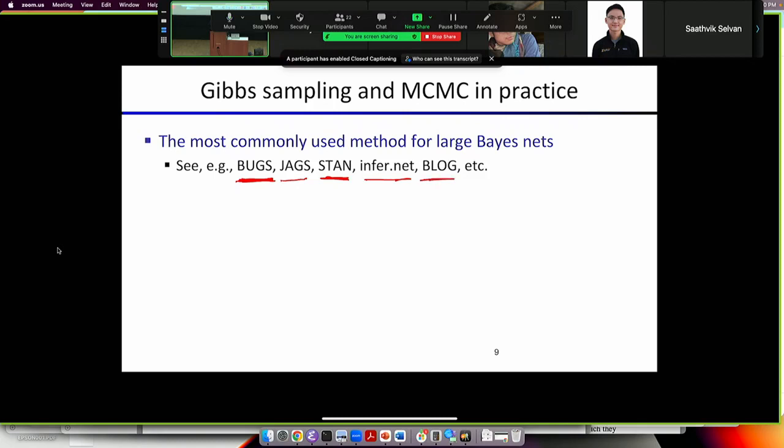BLOG is Bayesian logic, which we developed here. And that lets you use the full power of first-order logic to write your probability models very, very expressively. That's the language that we use to write the monitoring system for the nuclear test ban treaty. And I can put it all on one slide. So it's an incredibly powerful language.